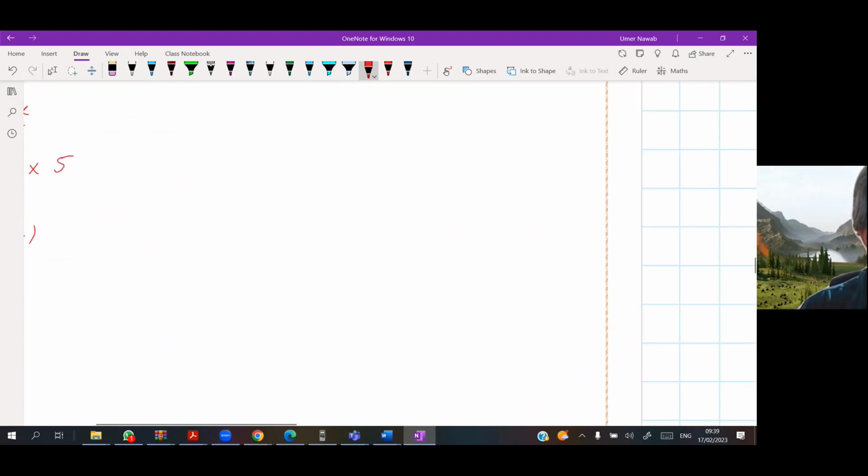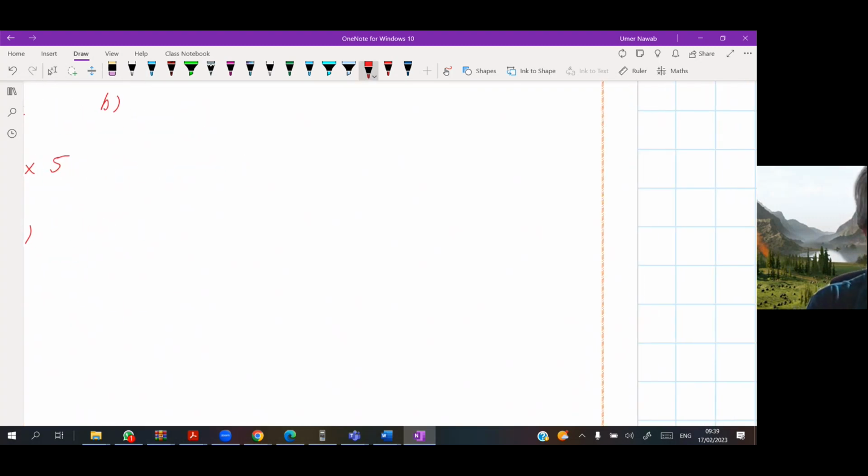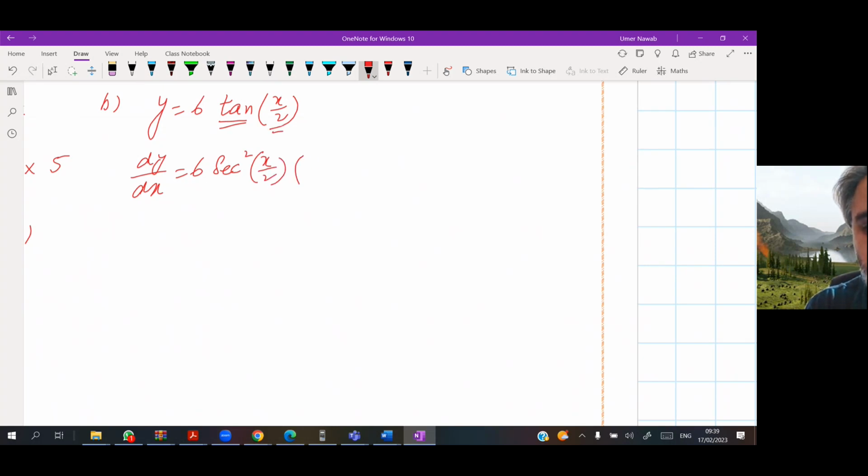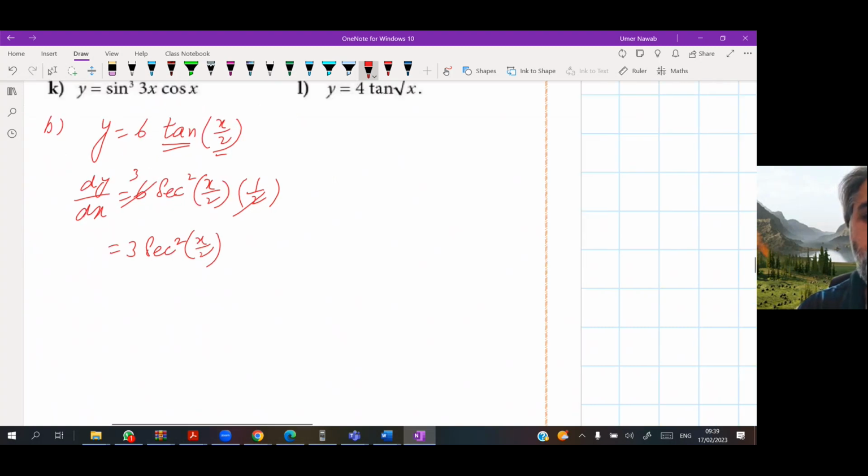Let's go to the b part. y equals 6 tan of x over 2. So dy by dx, 6 as it is. Derivative of tan is secant squared of x over 2. Further derivative of x over 2 is 1 over 2. So 2 cancels with 6, leaving 3 secant squared of x over 2.